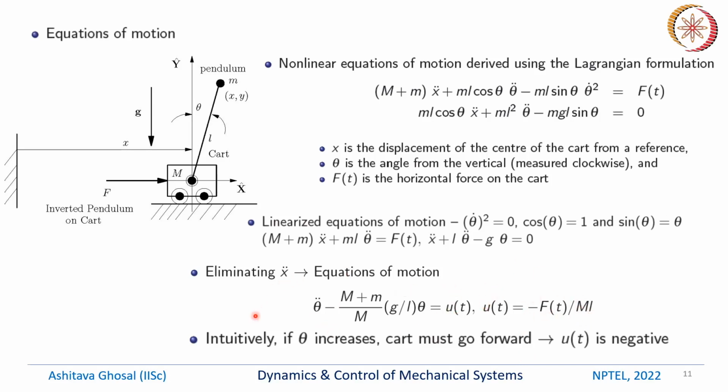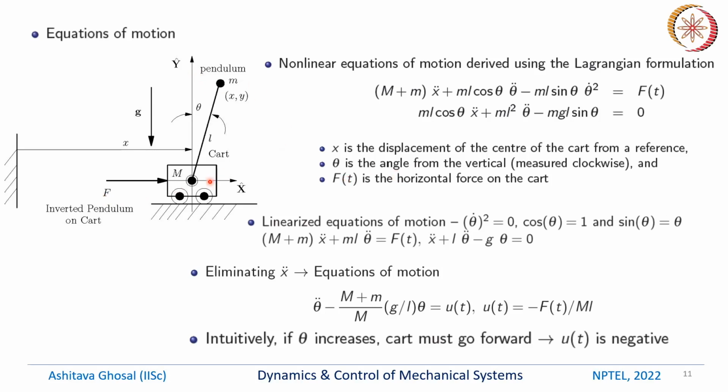So this is in the form of a linear ordinary differential equation, and we can analyze and design controllers for this kind of system. Intuitively, you can see if theta is increasing, that means the mass is falling to the right. We know that F should be in the same direction.